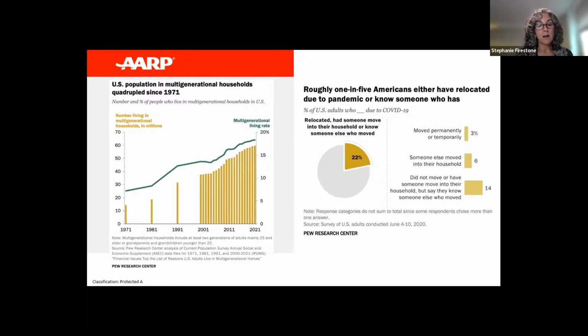There was a steep rise even before the pandemic, like I said, and now Pew Research just a couple of weeks ago released some new research findings on multi-generational households. And essentially, they indicated that this is not a trend that's abating. It is a trend that they see continuing. All right, next slide, please.